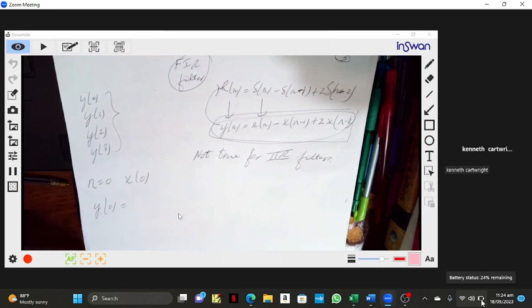No, we're not on the first graph. The first graph is the input signal, but the second graph is the impulse response. So we should be trying to find that? We're not trying to find the impulse response. We're trying to find the output. Oh. We're trying to find y of n.